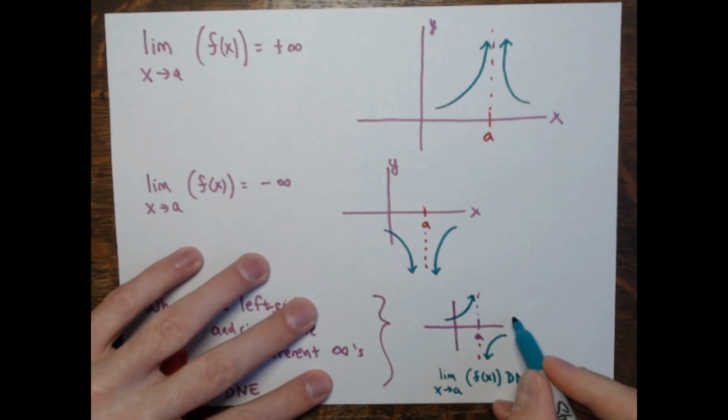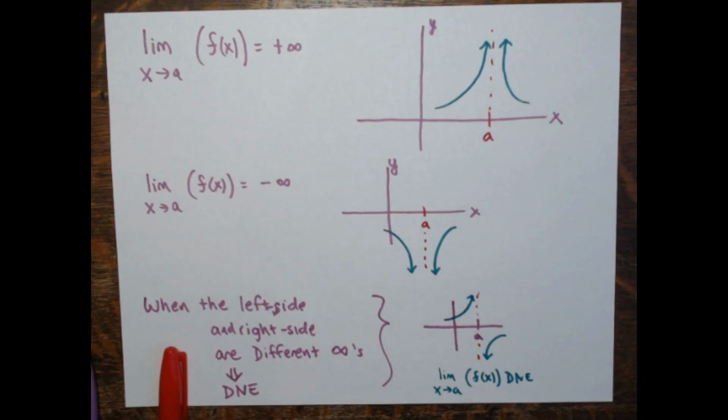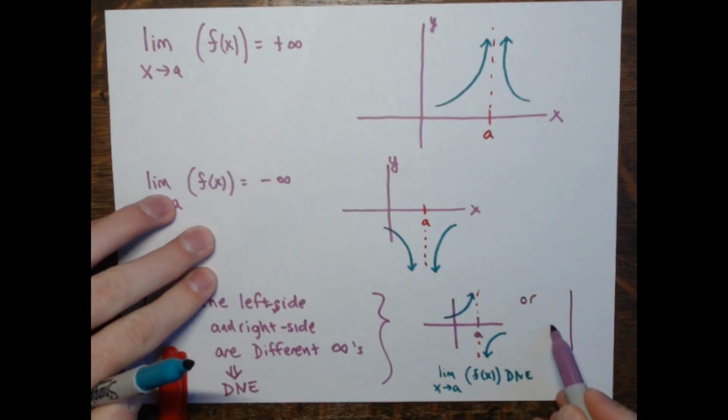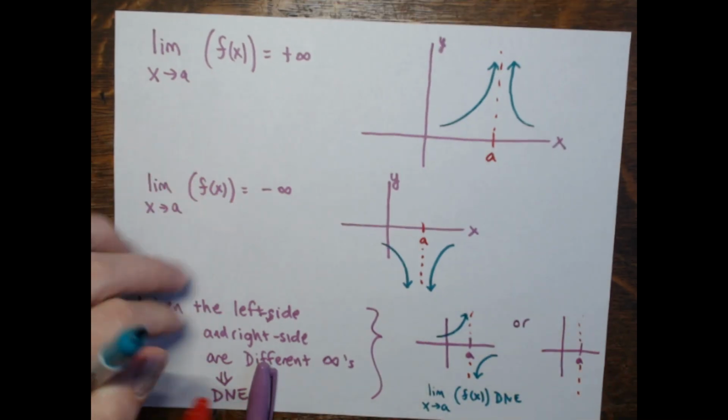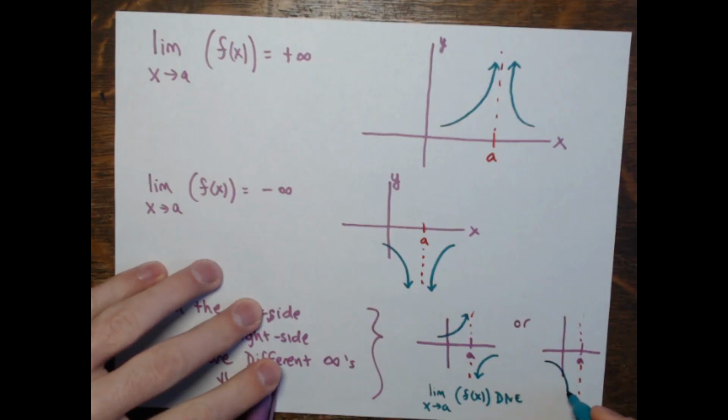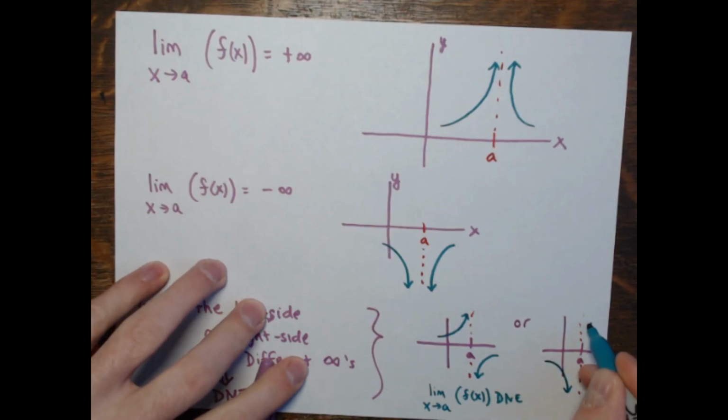Also the other way around. If this is going down and this is going up forever, again, you'll say the two-sided limit doesn't exist. So the left side limit is positive infinity and the right side limit is negative infinity, or the left side limit is negative infinity and the right side limit is positive infinity.